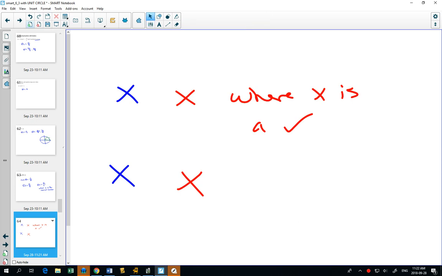You should put x's next to every single answer, and then one person would freak out. At the top of your page, remember x is a check mark, and that should make big, angry x's throughout your whole test.